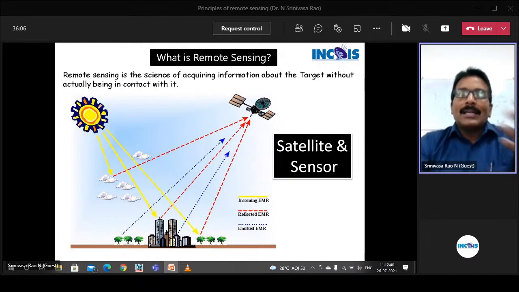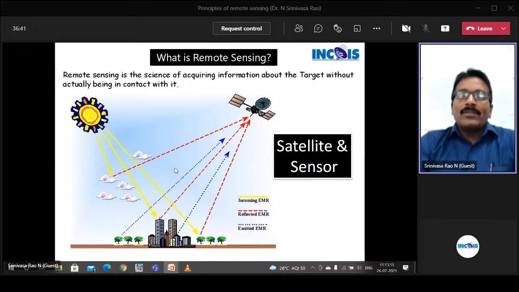Previously, I explained it in a normal discussion. Now if you see this picture, first sunlight is incident on different targets: clouds, land, buildings and plants. After incidence, the red lines are the reflected light going into the satellite, like our eye. Now the blue lines: there is no incident light, but still some light is going into the satellite.